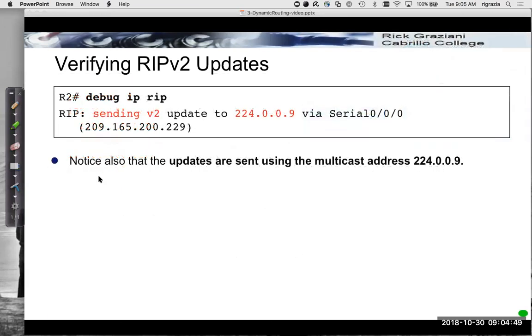Also, the debug ip rip output shows us a couple of things here. First of all, it shows that these updates are sent as a multicast. This is a reserved, well-known multicast address for RIP version 2. RIP version 1 sends its routing updates as a broadcast.